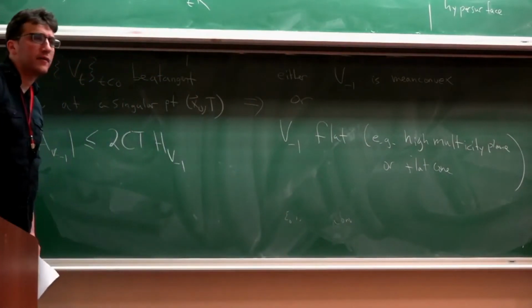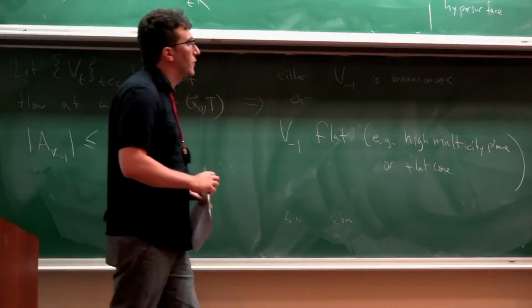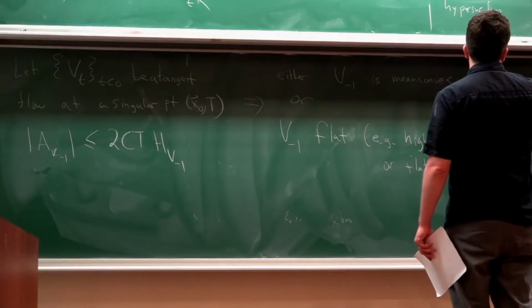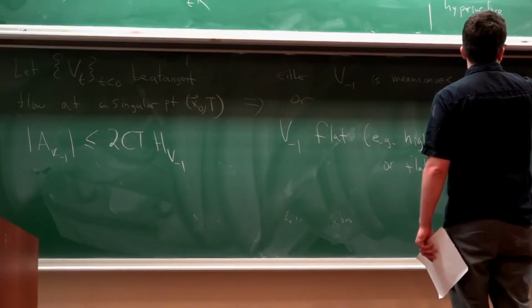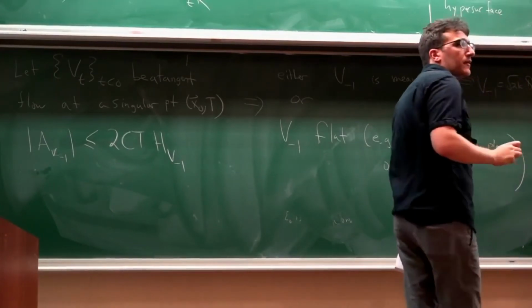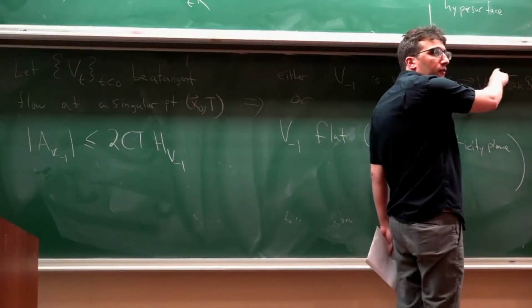So either it's mean convex or it's flat. In this case, this implies, as I already mentioned in step 5, we're good. So this part is okay.